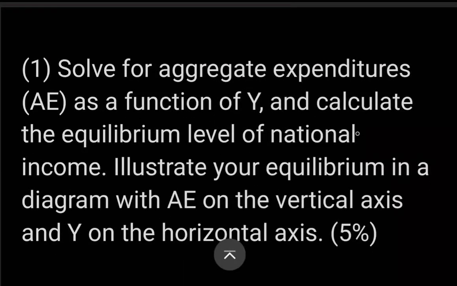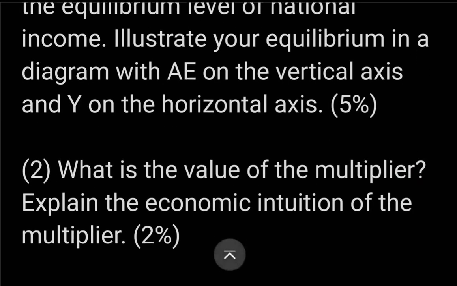So question 1 says we should solve for the aggregate expenditure, that is AE, as a function of Y and calculate the equilibrium level of national income. Illustrate your equilibrium in a diagram with AE on the vertical axis and Y on the horizontal axis.